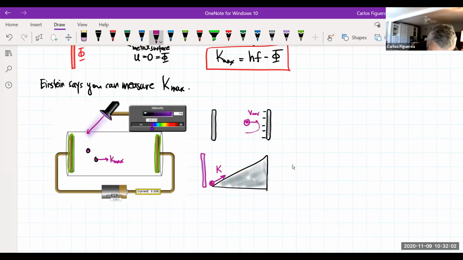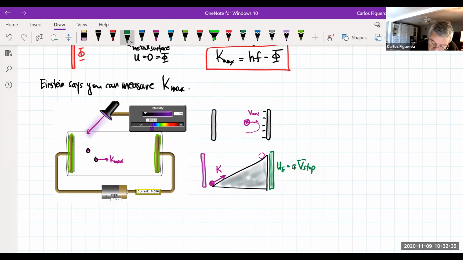So that means they've got to get all the way up to the top. And that means they have converted all of their energy into what? Potential energy. They convert all their energy into electrical potential energy. And this electrical potential energy is related to e times V stop here.